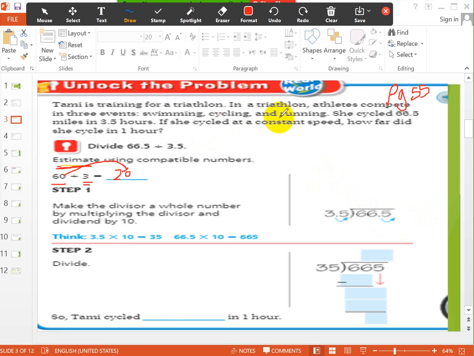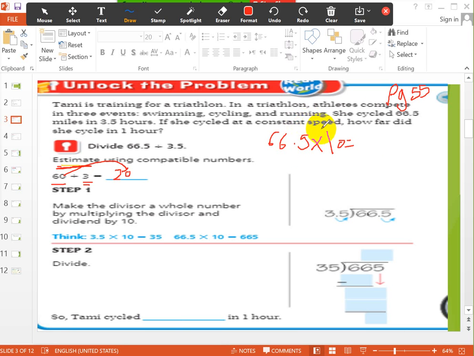When I multiply 66.5 by 10, I told you, or maybe last year you learned it, when you multiply a decimal number by a power of 10, that means you will move the decimal point to the right side.